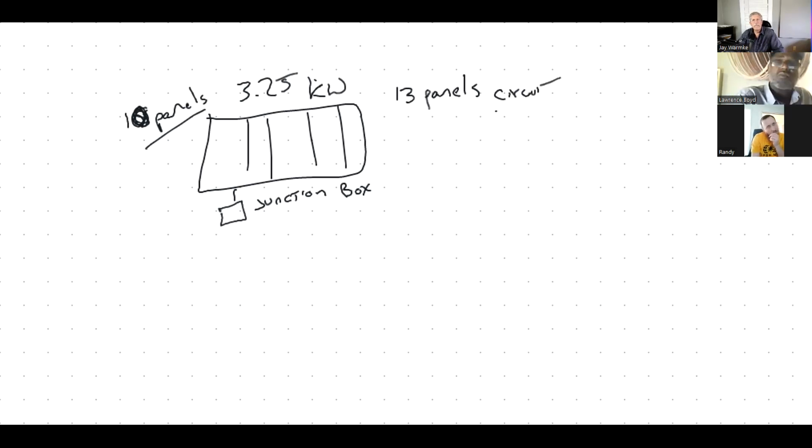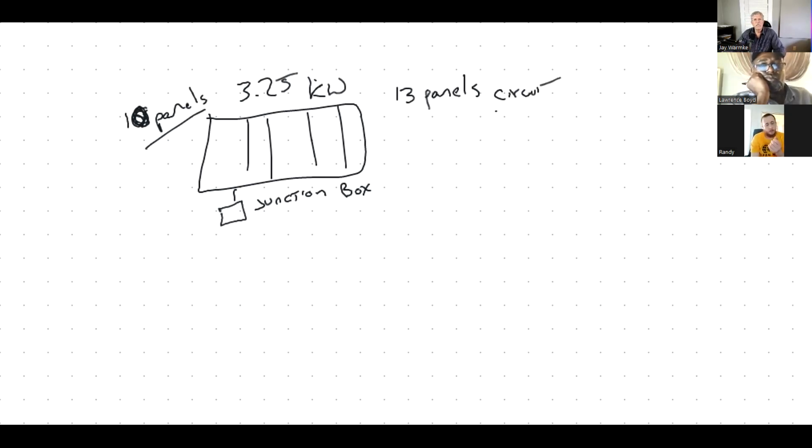So with a 10 panel system, I could simply have one string coming in. One circuit, one branch circuit. But I still need to transition my cable because those proprietary cables are very expensive. So we're going to go into a junction box.